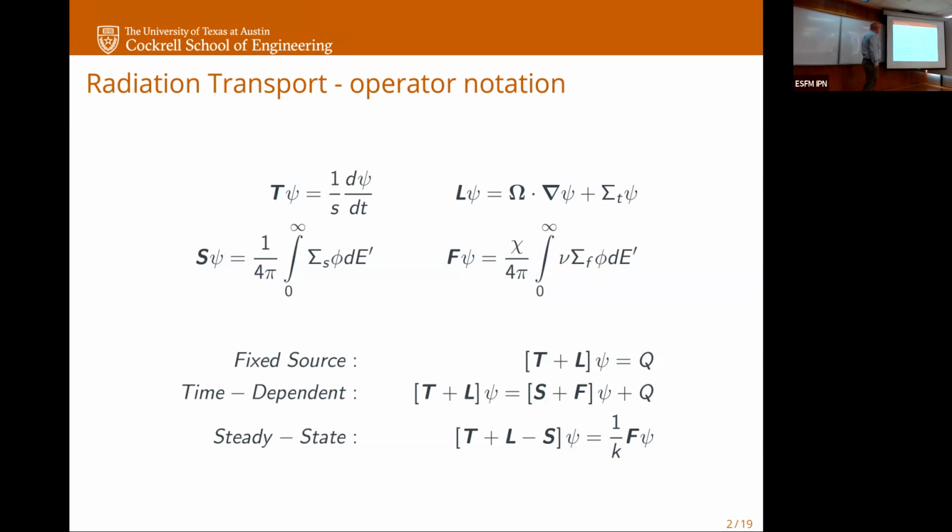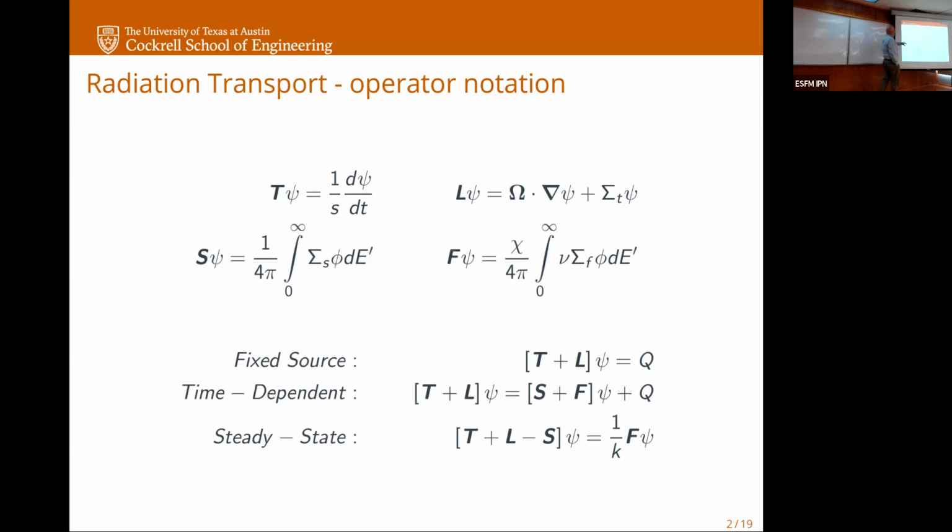So we talked about operator notation and radiation transport. We have our 1 over the speed, d psi dt, which is the rate of change of number of neutrons. We have the leakage streaming out of the system and collision operations, where both of those are going to remove neutrons from that given set of a particular direction of travel and neutron energy at a particular location at a moment in time.